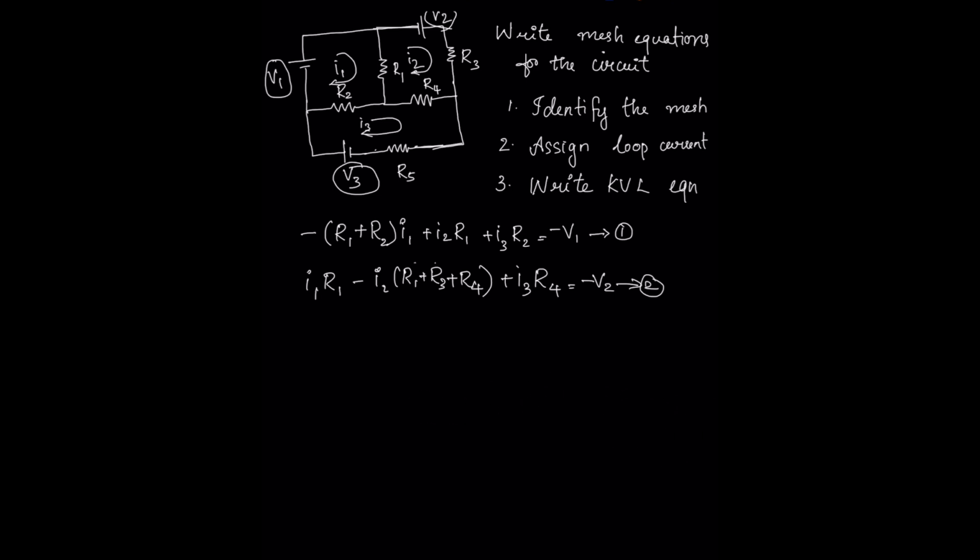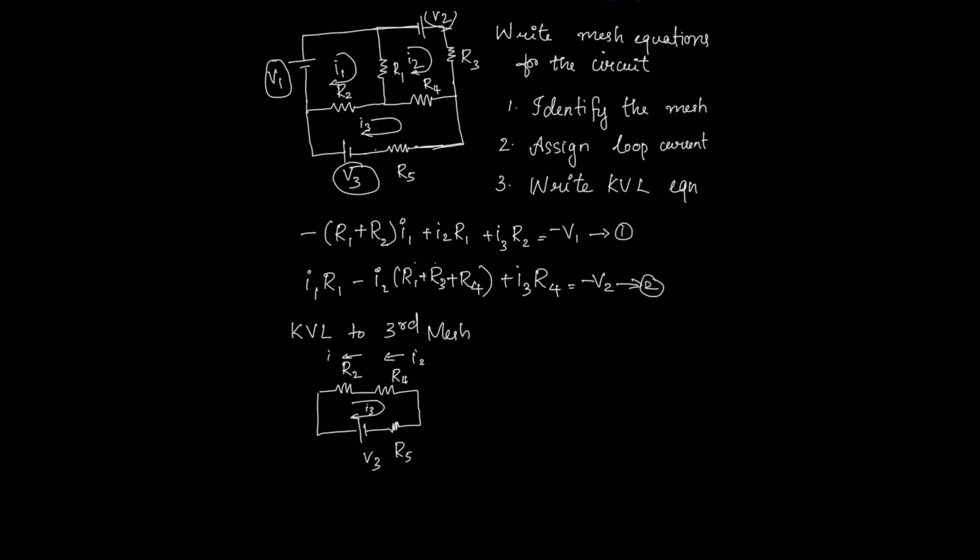Moving on, we will discuss the third mesh. Applying KVL to the third mesh, we have R2, R4, R5 and one voltage source. I3 is going like this. V3 is there, R5 is there, R4 is there, and R2 is there. Through R4 there is I2 current flowing.